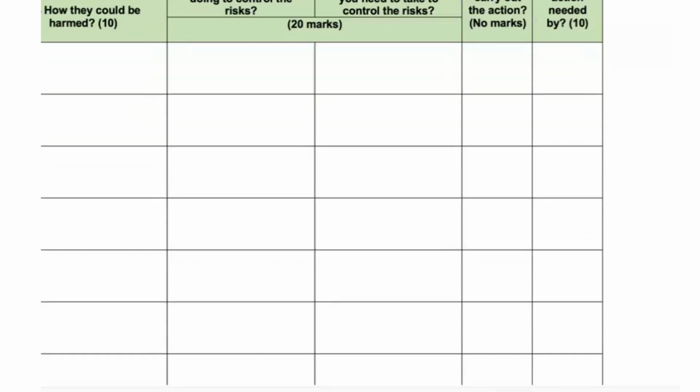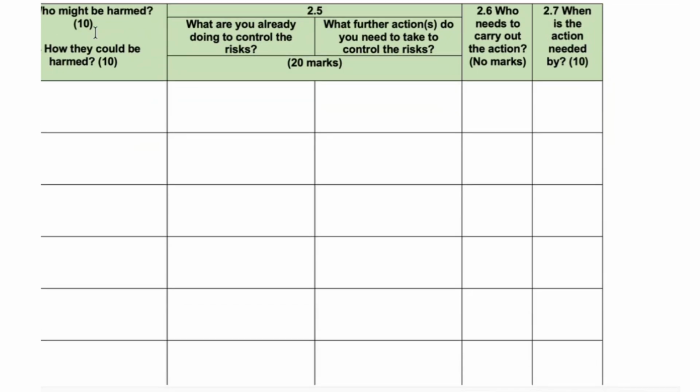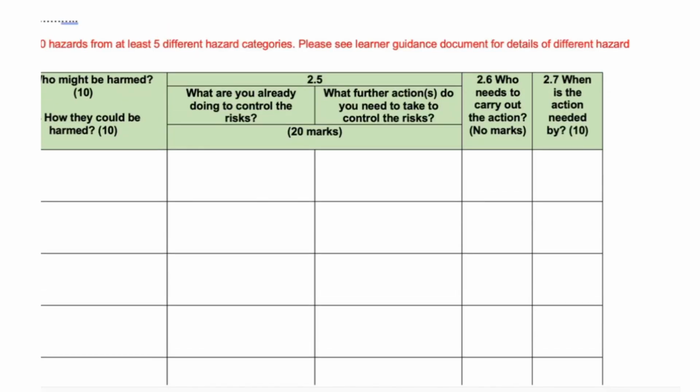They have given clear information: 2.1, how many marks you get, 2.2, how many marks, and 2.3, how many marks. So keep the marks in your mind, and accordingly you can give your answers. The date of the risk assessment goes here, when you are carrying out the risk assessment.